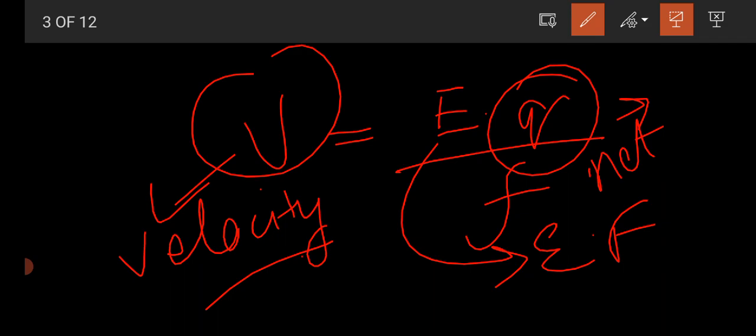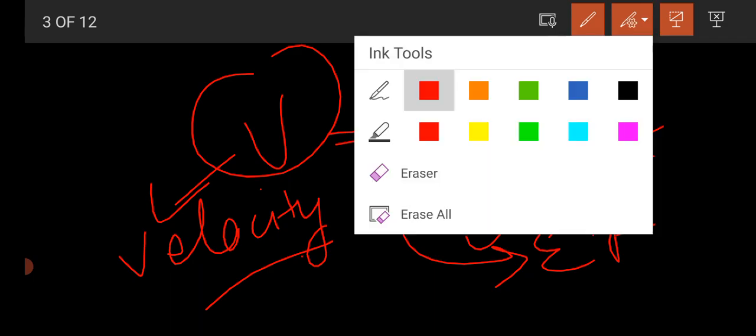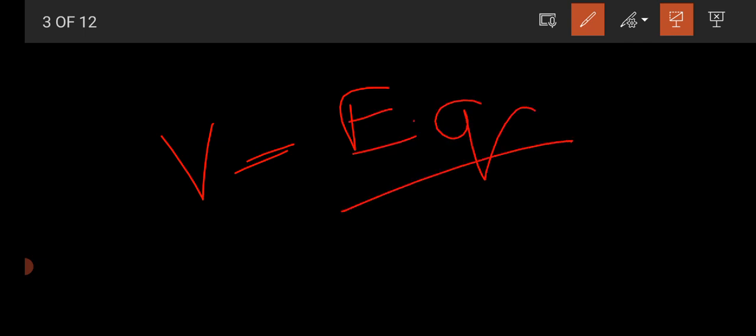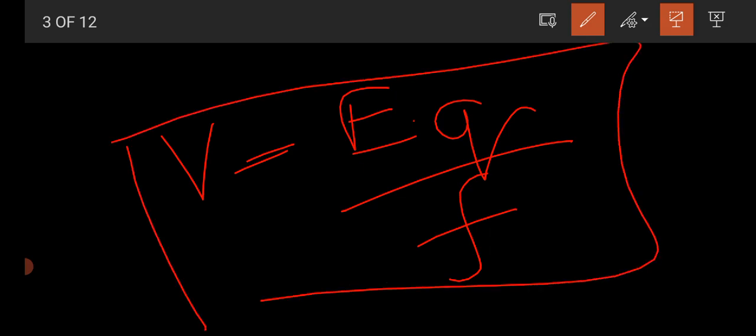So this is the formula for the velocity of movement of a molecule.